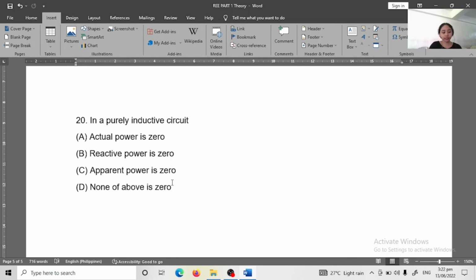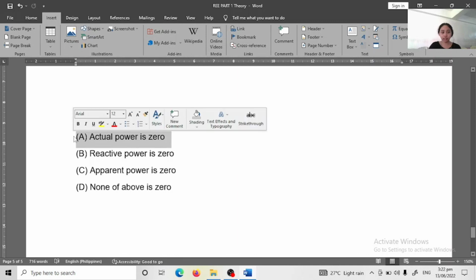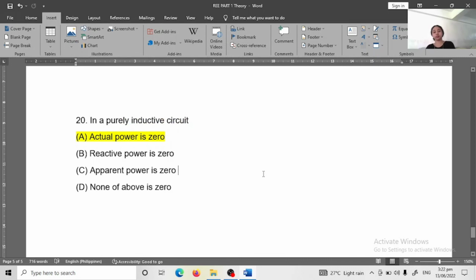Since the current and the voltage are 90 degrees out of phase from each other, the total power of the circuit would be zero, as cosine 90 degrees is equal to zero. So that is why the purely inductive circuit has an actual power of 0.